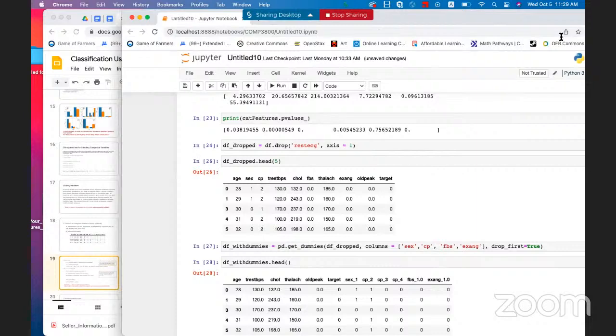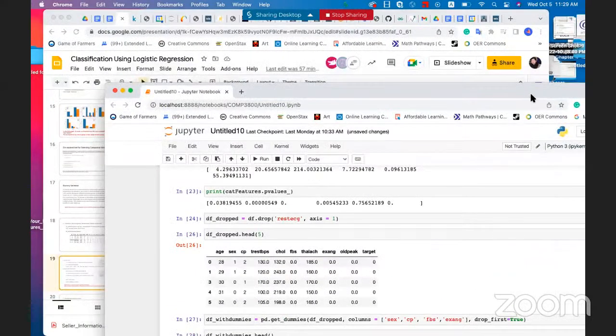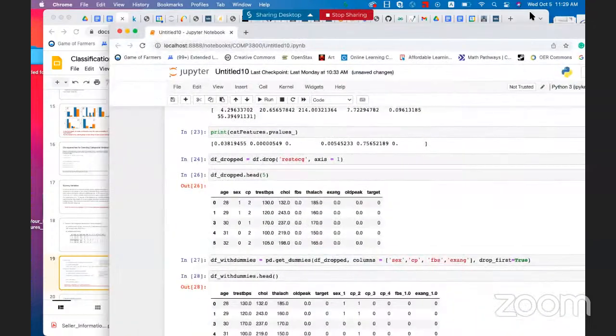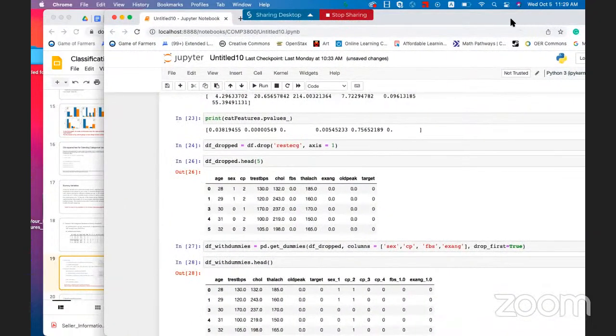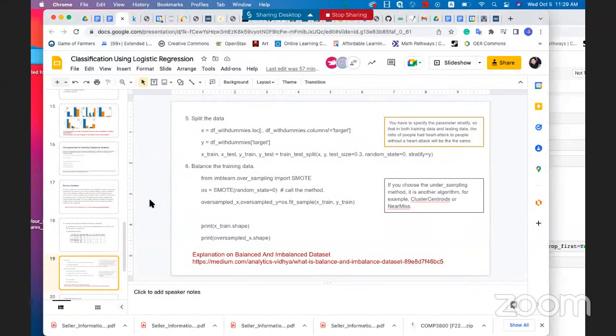So next we are going to split the data and then balance the data. Both are changing the entries.